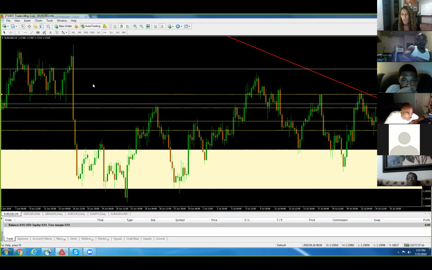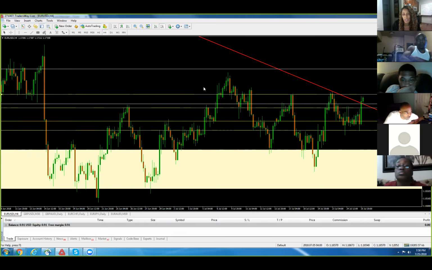Show me the resistance line that I'm talking about. This one? Correct. How many times, after that red candle broke through it, has price come back and retested that white line? None. Oh, because it didn't go all the way up and touch it.